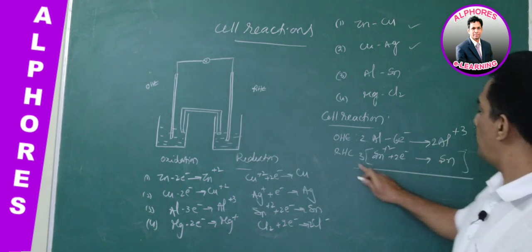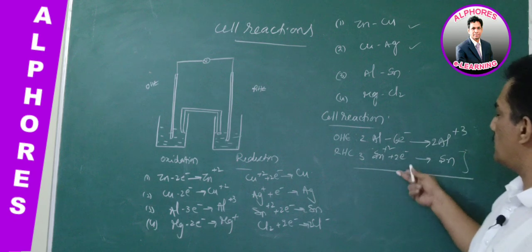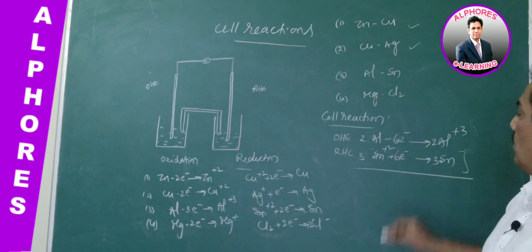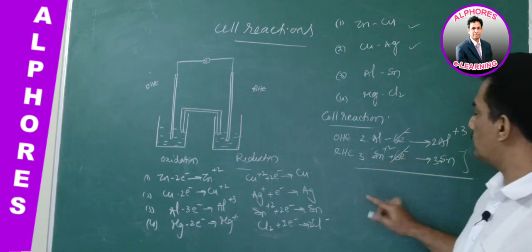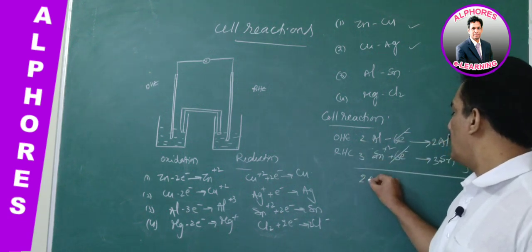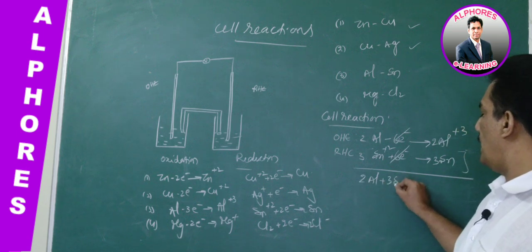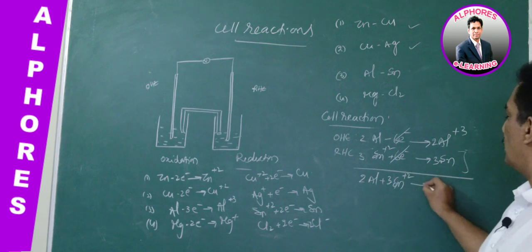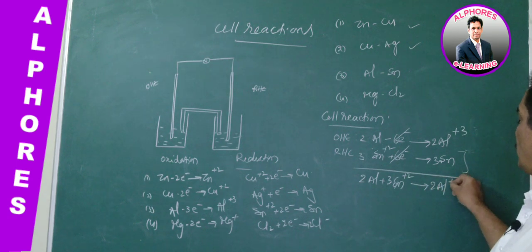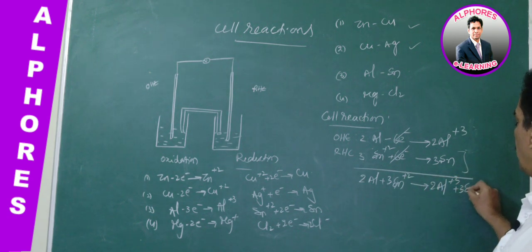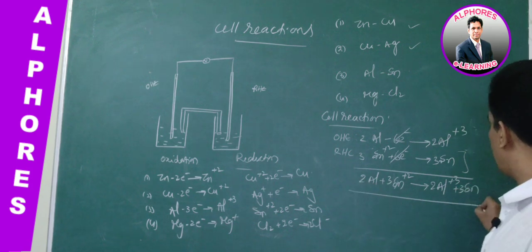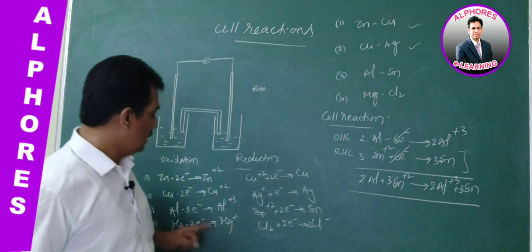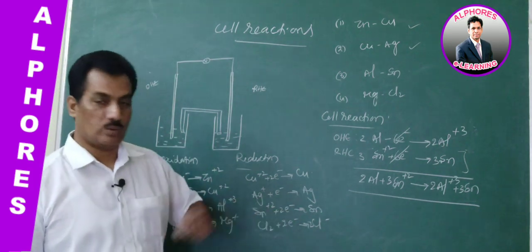And when multiplied with 3, we get 3Sn plus 2 and 6 electrons, and it is 3Sn. Now we cancel the electrons, where 2Al plus 3Sn plus 2 gives 2Al plus 3 plus 3Sn. This is the cell reaction for aluminum and tin electrodes.